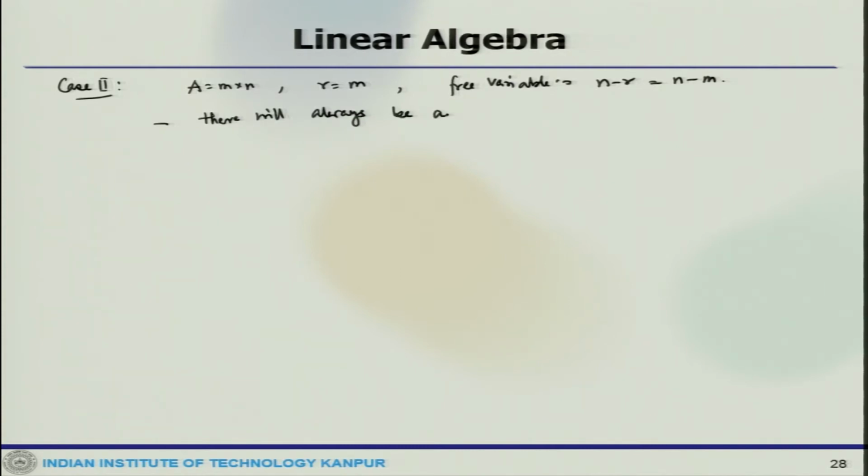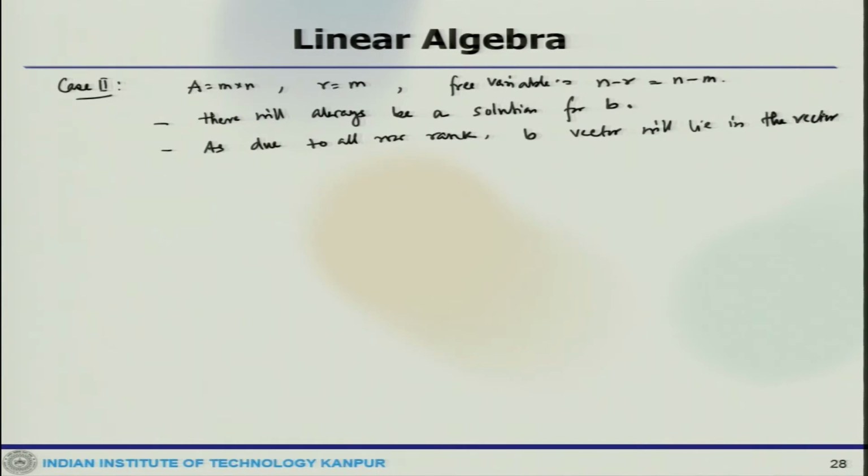Since the rank is equal to m, exactly the number of rows, you can call it the row rank, the b vector will lie in the vector space.